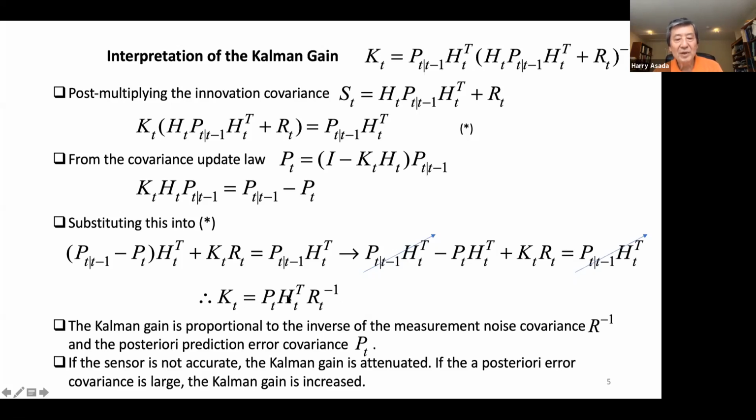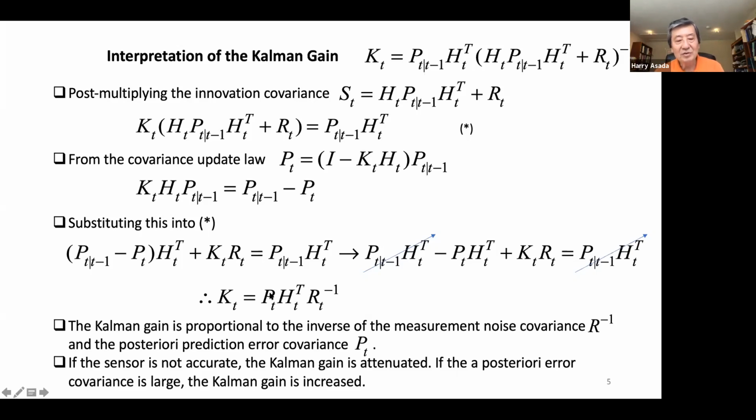So I think this simpler expression may be easier for real interpretation of the Kalman Gain. The Kalman Gain is proportional to the inverse of the measurement noise covariance R_t, and also proportional to P_t, the a posteriori prediction error covariance.